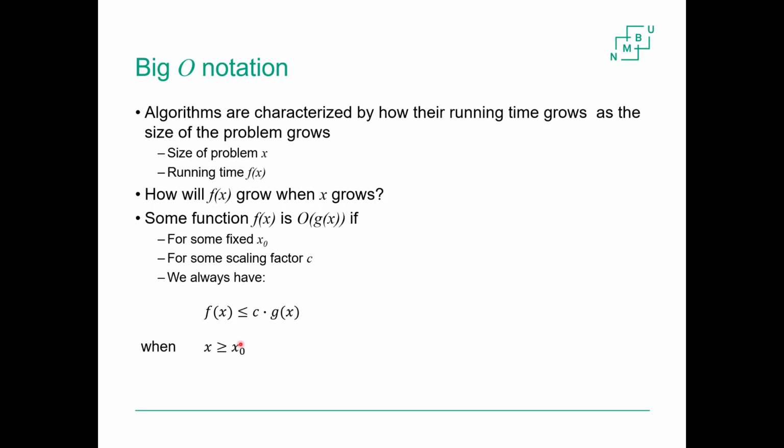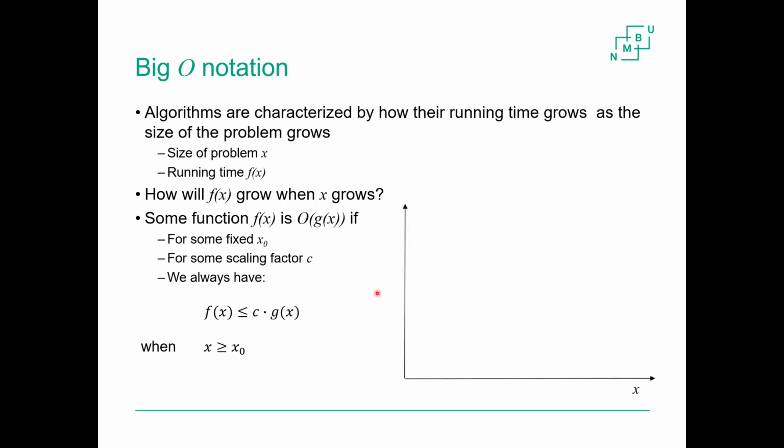So x0 is a sort of lower problem size where this is of interest, because we are really interested in the bigger problem sizes. I mean, for small problems, this is not really an issue at all, right? Small problems are always small. It's for big problems, big x values, that this becomes interesting.